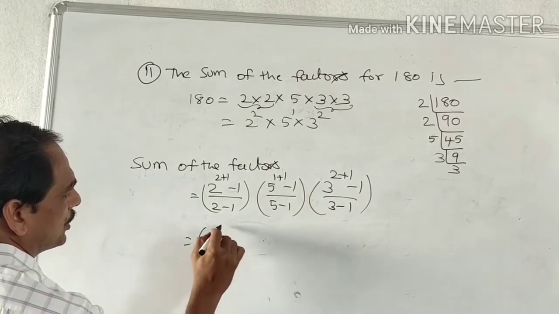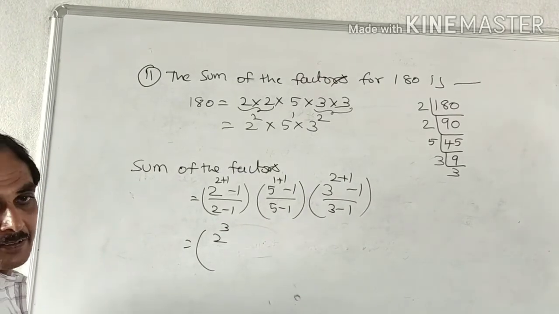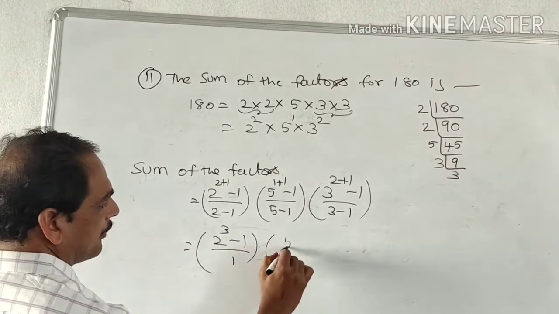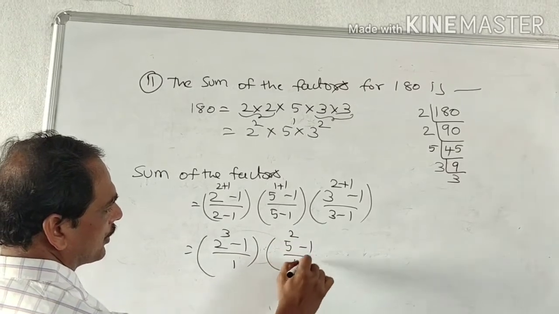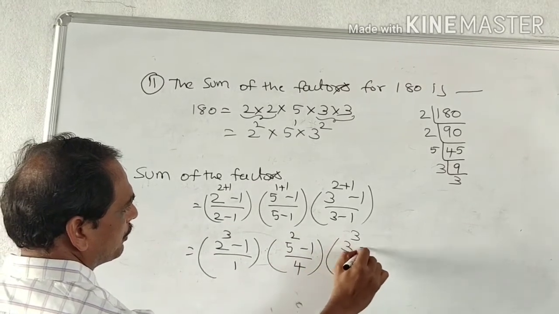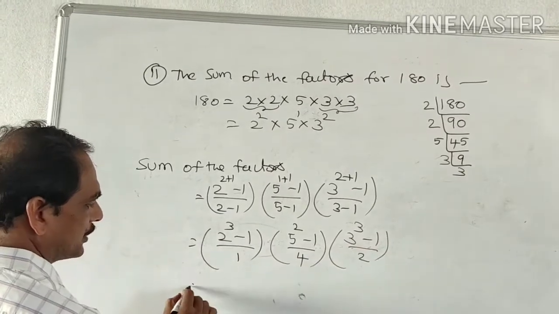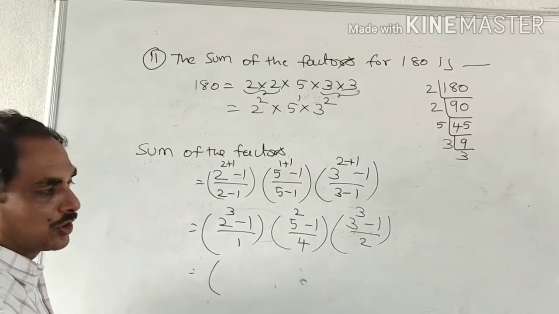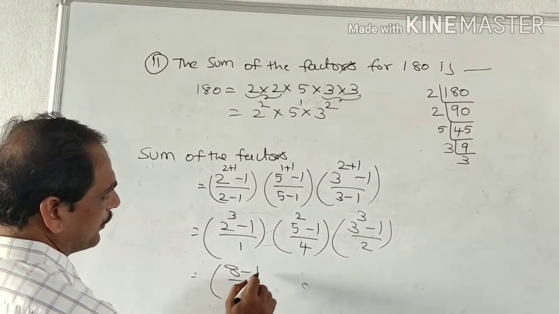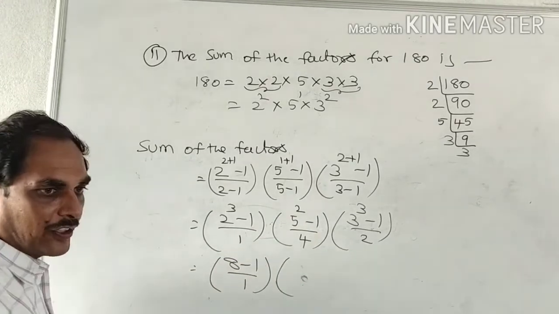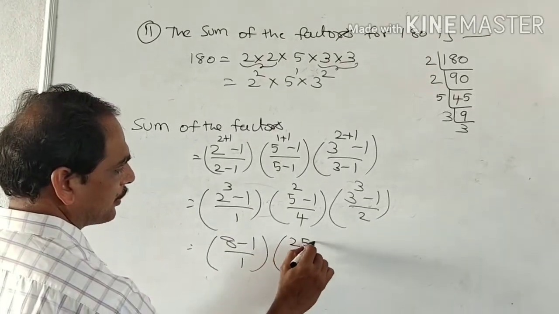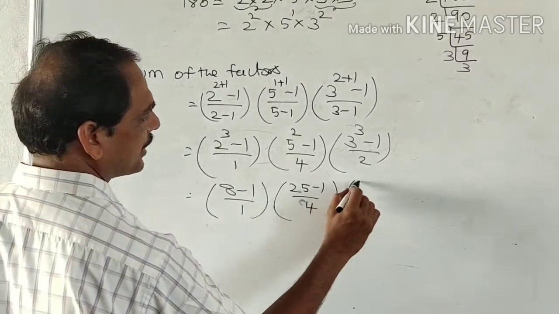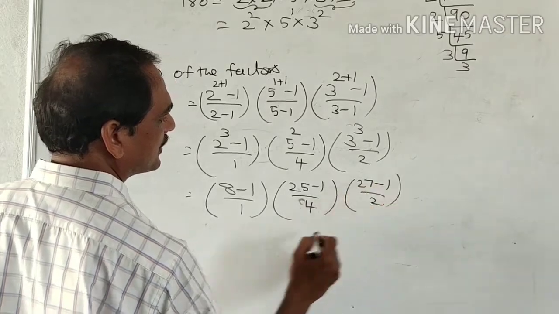That is equal to (2 power 3 minus 1) by 1, into (5 power 2 minus 1) by 4, into (3 cubed minus 1) by 2. 2 cubed is 2 into 2 into 2: 2 2s are 4, 4 2s are 8. So 8 minus 1 by 1, 5 square is 25 minus 1 by 4, and 3 cubed is 3 into 3 into 3, 27 minus 1 by 2.